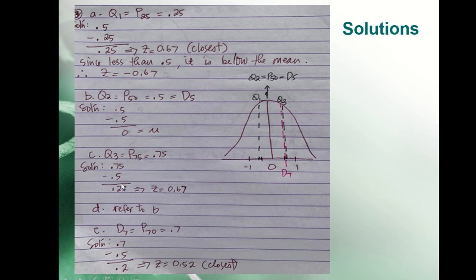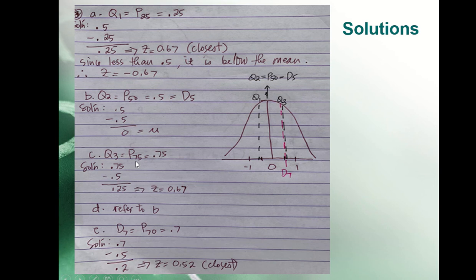In letter C, you are asked of the third quartile, which is equivalent to the 75th percentile. Bakit 75th? Kagaya ng nasabi kanina, quartiles divide the distribution into 4 equal parts so that every part is equivalent to 25. Eh, tatlo na to.